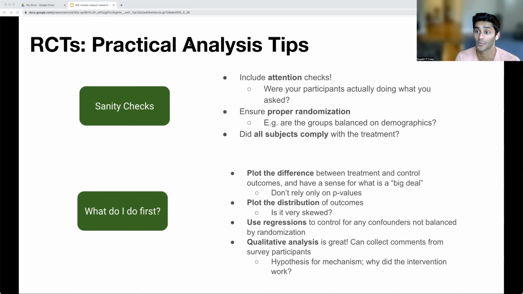A lot of studies will have statistically significant outcomes, but fail to really think about the effect size. Is this a big deal? Is this not a big deal? The second practical tip is to plot the distribution of outcomes. I've run several studies where participants are supposed to answer on a scale of 1 to 7, and almost everyone is giving either a 1 or a 7.